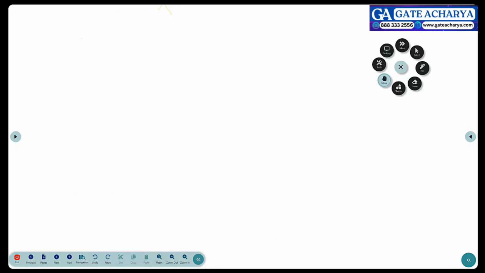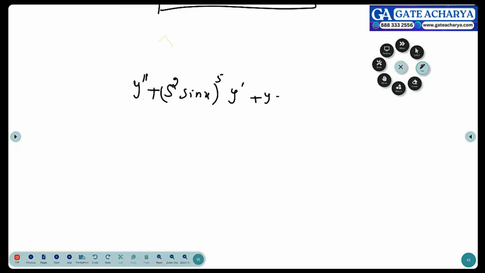Try to identify this second question. y double dash plus sin⁵x into y dash plus y is equal to cos x cube.